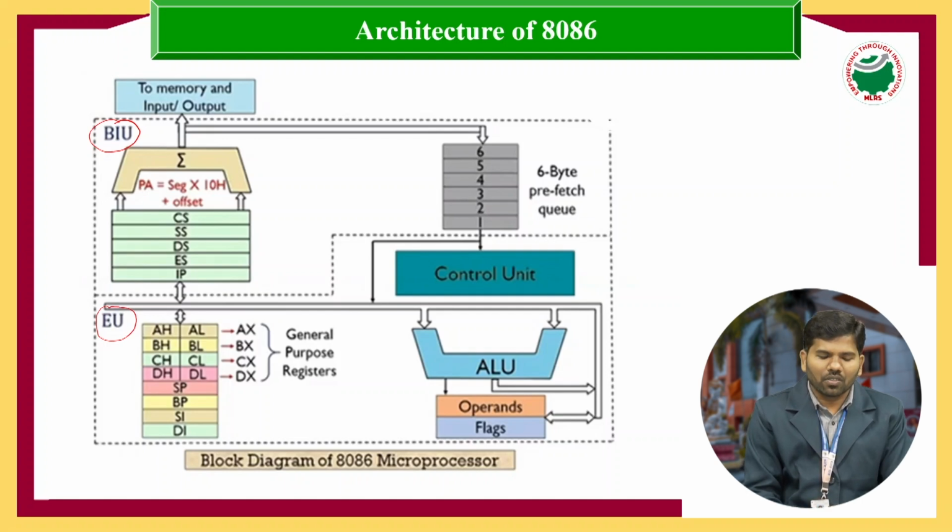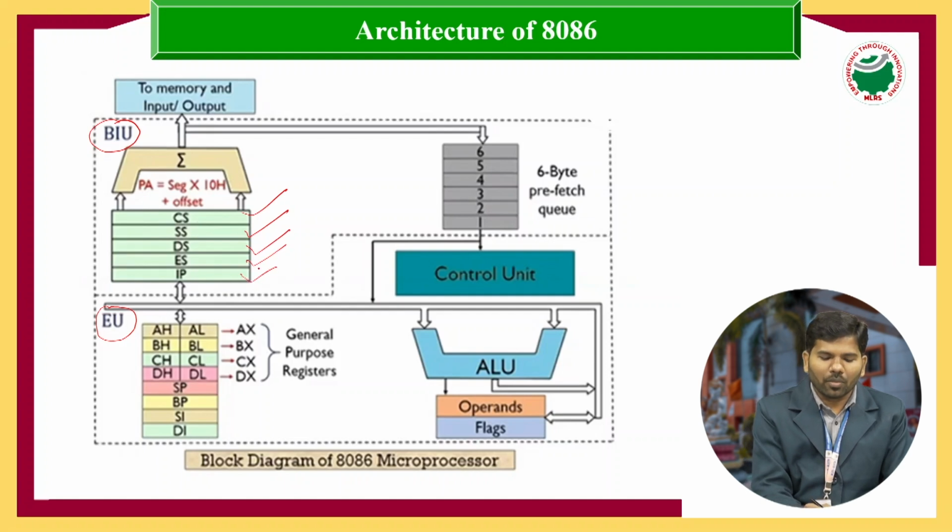The bus interface unit consists of segment registers and the instruction pointer along with a 6-byte prefetch queue. So the bus interface unit consists of segment registers: CS means code segment, SS means stack segment, DS means data segment, ES means extra segment, and IP means instruction pointer.